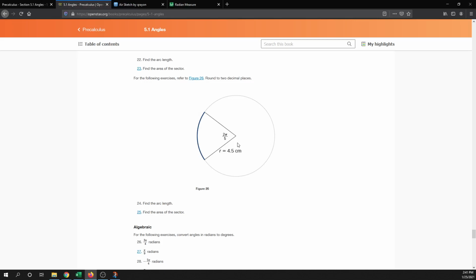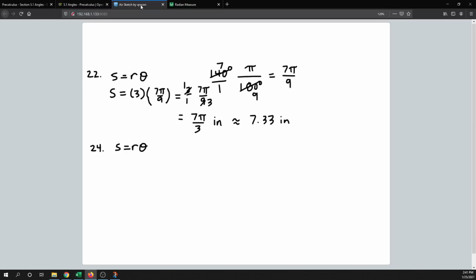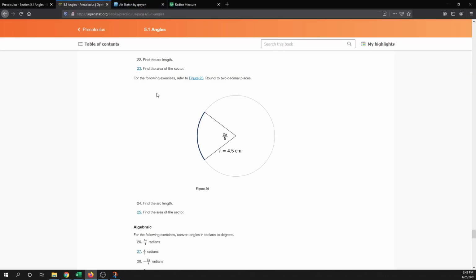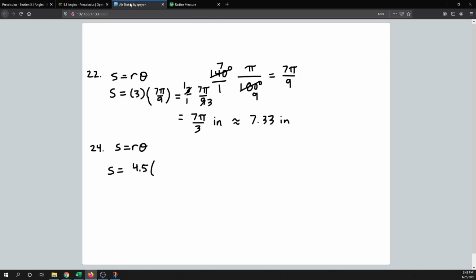They give us everything just how we would want it. All right, so R is going to be 4.5, and then theta is 2 pi over 5.